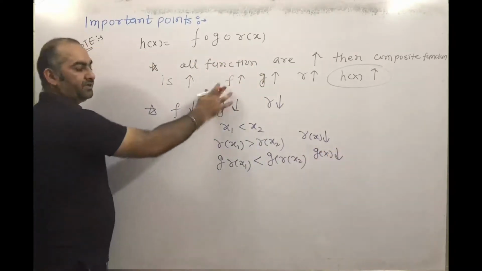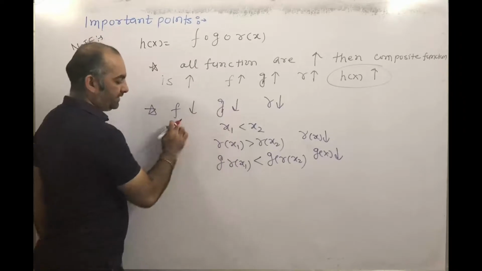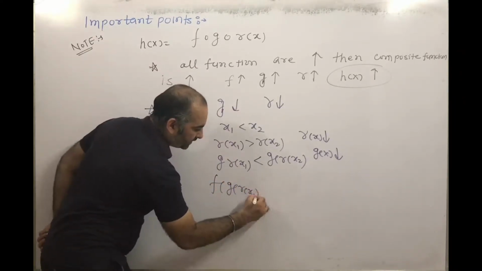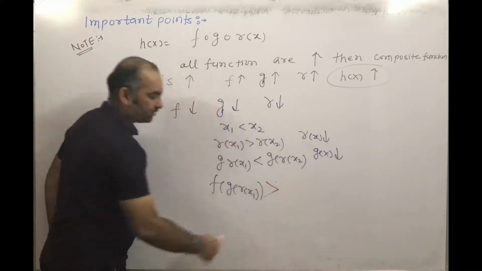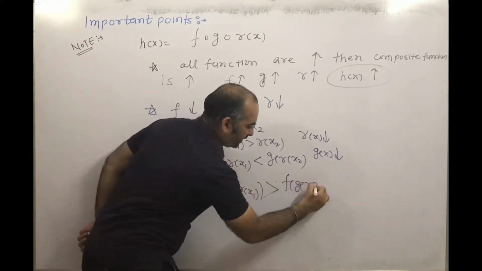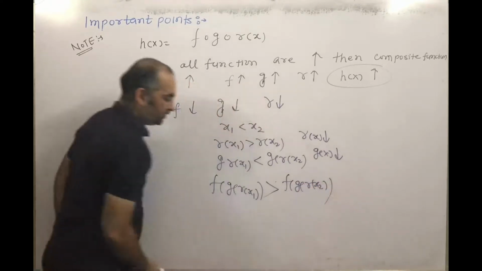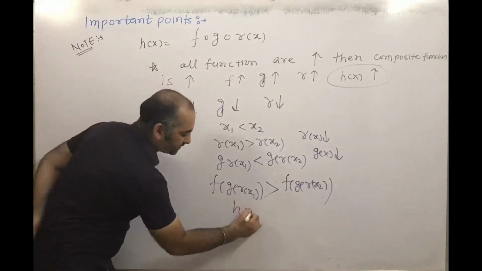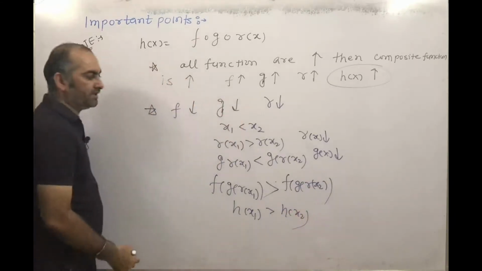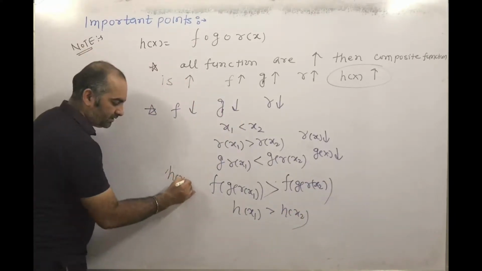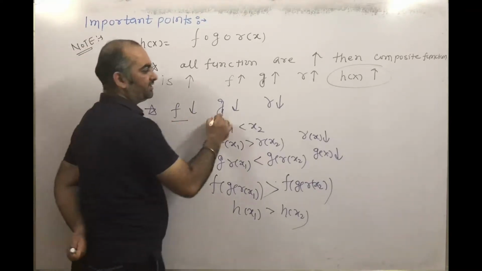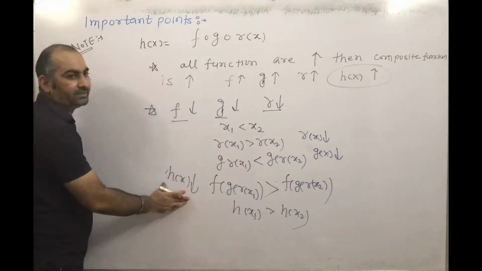And f is also decreasing, so f of g of r of x1 is greater than f of g of r of x2. So this is nothing but h of x1 is greater than h of x2. So h of x is decreasing.